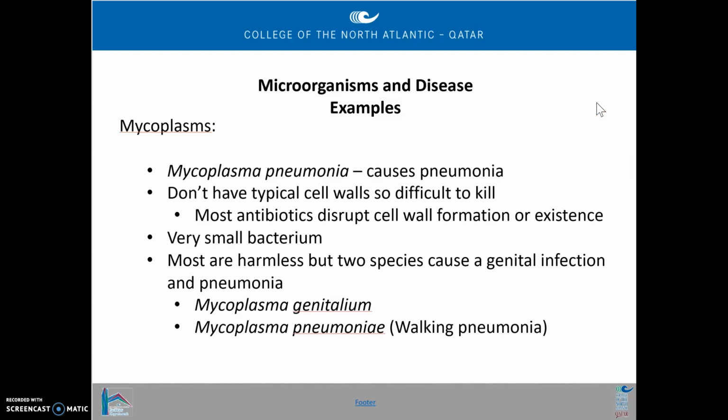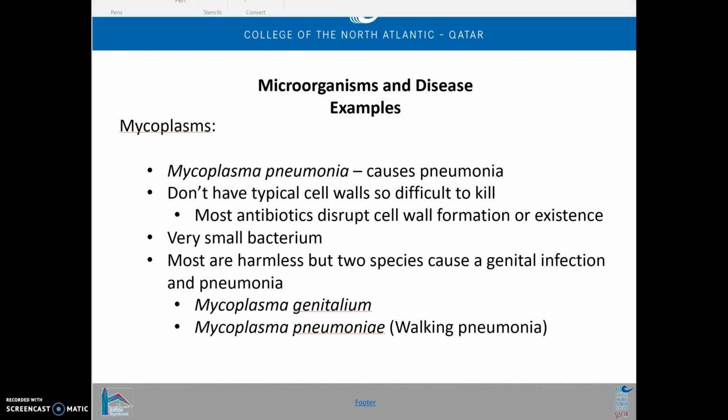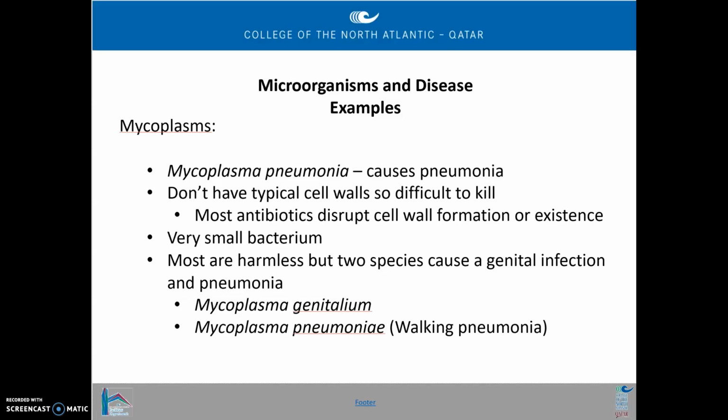Another example of bacteria as an infectious agent is a mycoplasma. And one of the most common ones of these is Mycoplasma pneumoniae. And this bacteria, as its name suggests, will cause pneumonia. This type of bacteria doesn't have that typical cell wall, so it doesn't stain gram-negative or gram-positive.